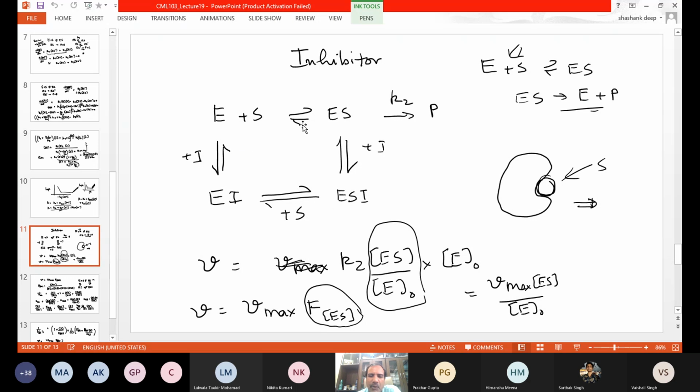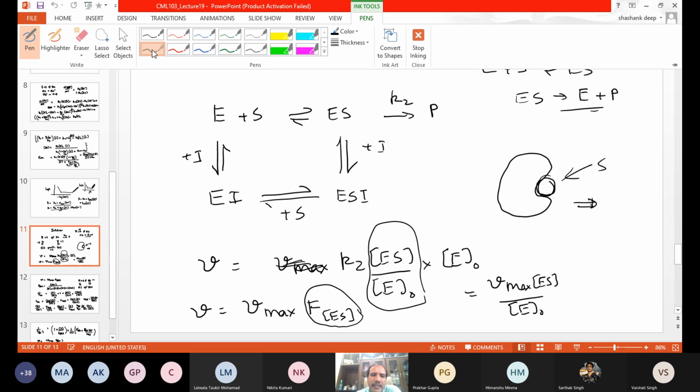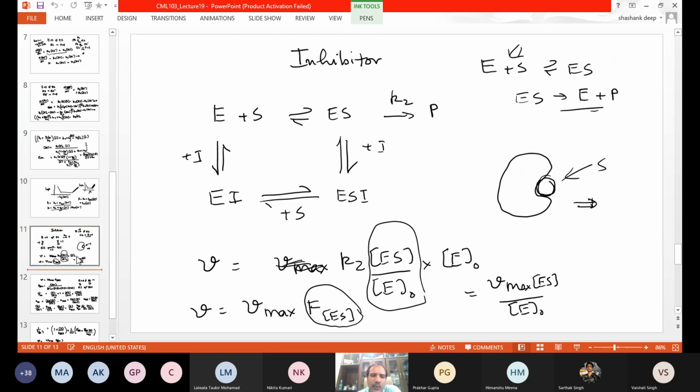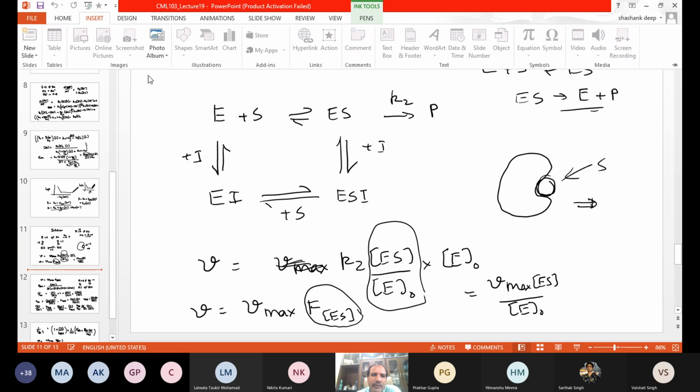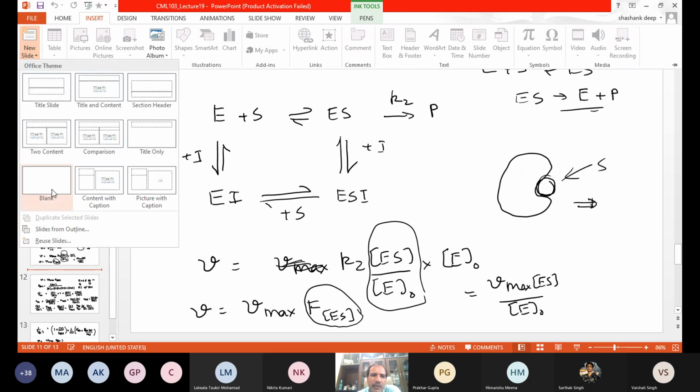So all probable scenarios are included in this. This is the general scheme for inhibition. And if that is the case, then how to get the Lineweaver-Burk equation in presence of inhibitor?